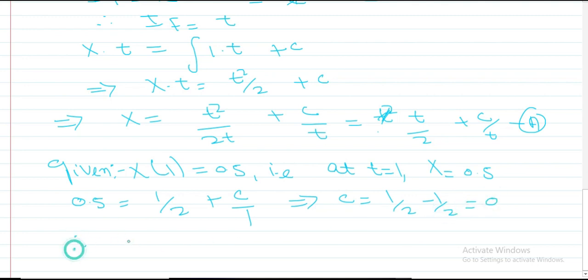Therefore the solution is, from equation A, x equal to t/2 plus c/t, but c is 0, so x equal to t/2. Now let's check which option is correct.